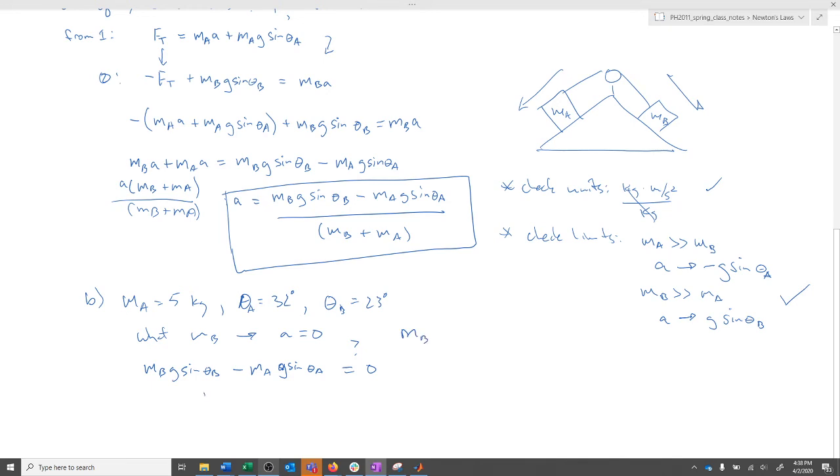So what do we get? MB is going to equal MA G sine theta A divided by this stuff, G sine theta B. If we then put in our numerical values, oh yeah, these G's would cancel.